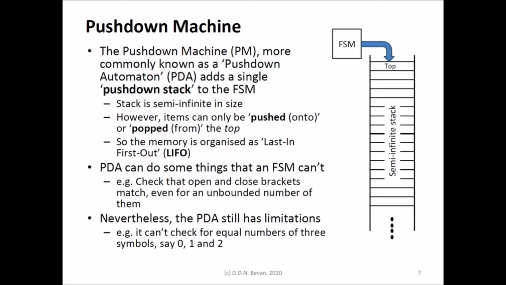That can deal with this problem of opening and closing brackets, but there are other more complicated problems, though they don't sound that complicated, but if you wanted to program a machine like that to say, do I have an equal number of these 3 symbols, 0, 1 or 2, you can't actually write a program with a push-down machine to do that. So that looks very simple, and you think, oh, we've got a long way to go to actually turn this machine into something that could do the whole Google search bar.